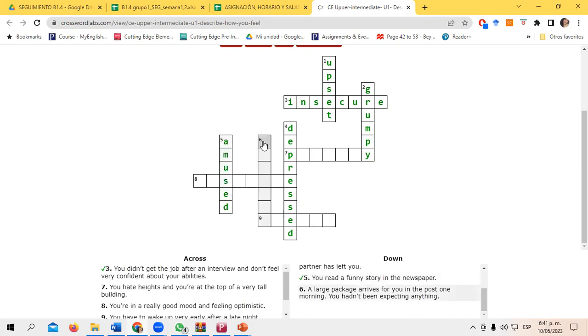Okay. Number 6, a large package arrives for you in the post one morning. You hadn't been expecting anything. Curious. Yes, curious. You are curious. Good. Number 7, you hate heights and you are at the top of a very tall building.